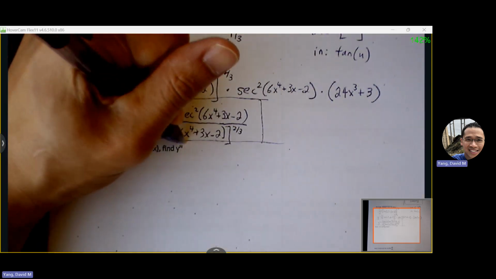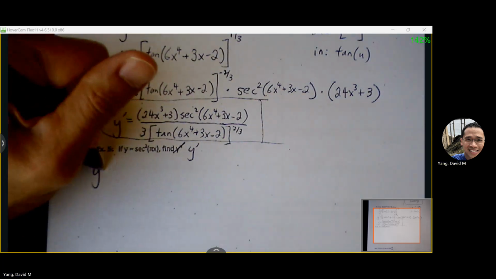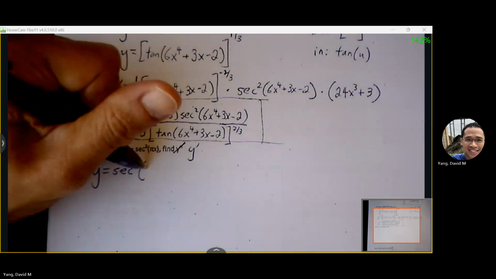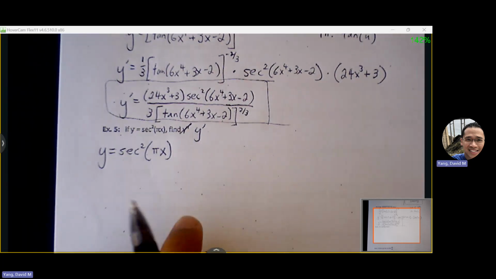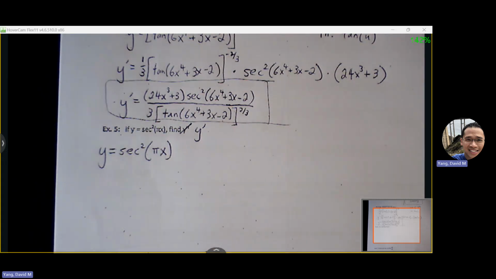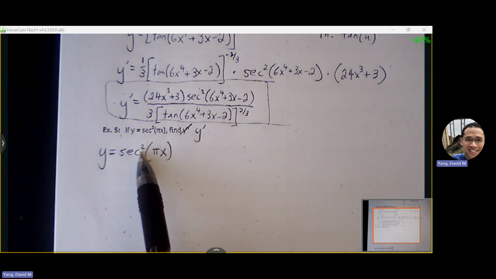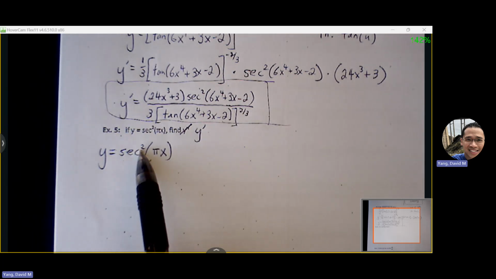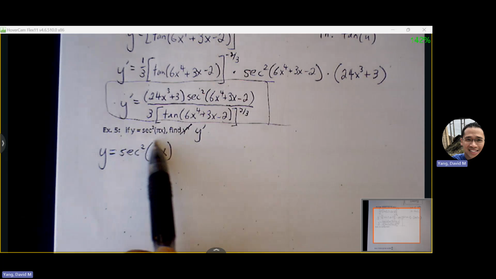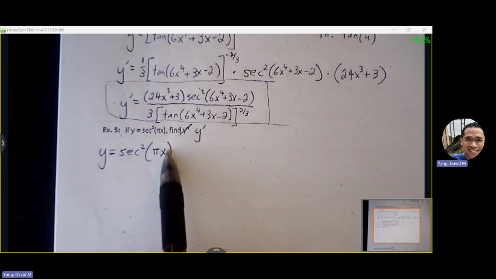Okay, number 5, we're just going to find y prime. Okay, so I want to point something out here about this problem. The number one issue that students experience on the quiz is not getting the chain rule correct. And the reason why the chain rule can be a problem on trig functions is because a lot of times you're going to see trig functions written this way, where there's a shorthand way of representing raising a trig function to a power.